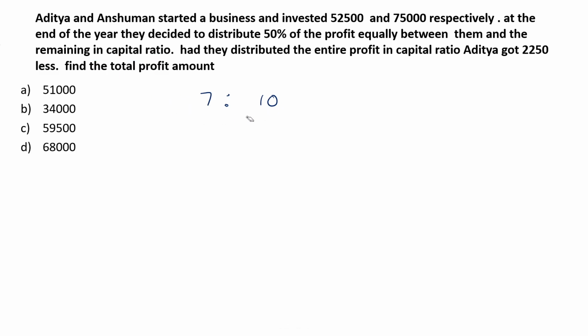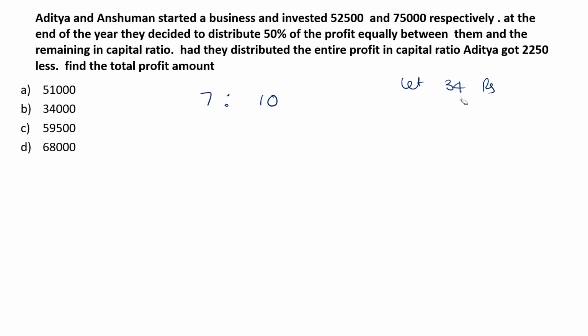To get comfortable values, let us assume the total profit is 34 rupees. Now, one half, 17 rupees, is distributed among them equally, and the other half, the other 50% of the total profit, is divided according to their ratio.